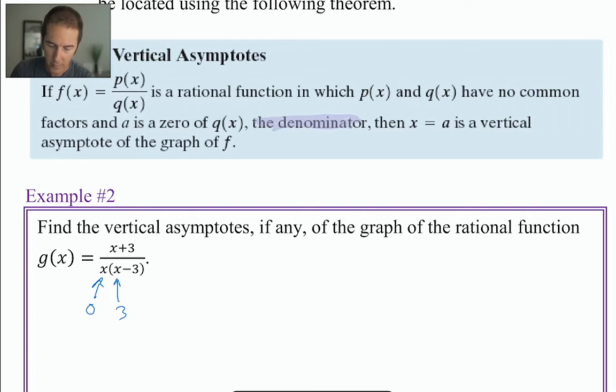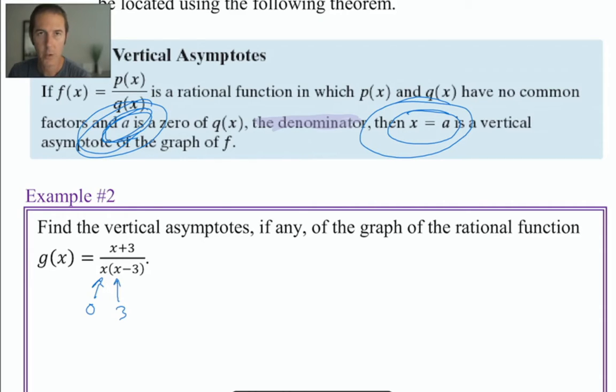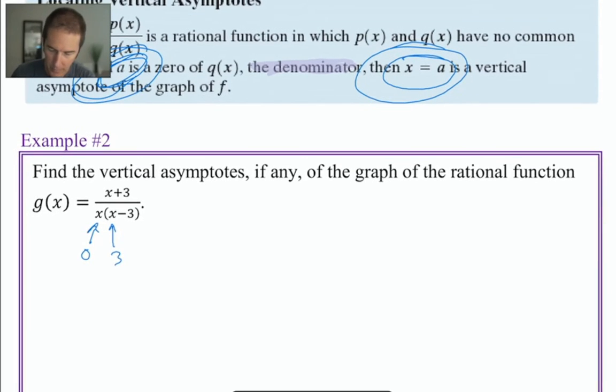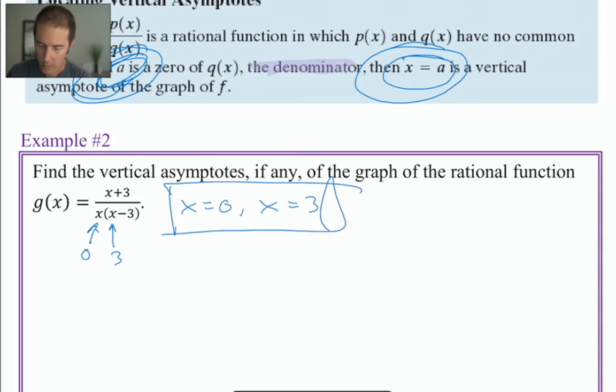Therefore, since an a value of 0 or an a value of positive 3 cause the denominator to equal 0, then x equals 0 and x equals 3 will be the equations of vertical asymptotes for the graph of this function. Find the vertical asymptotes: x equals 0 and x equals 3.